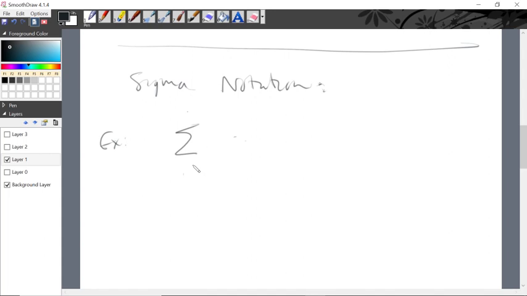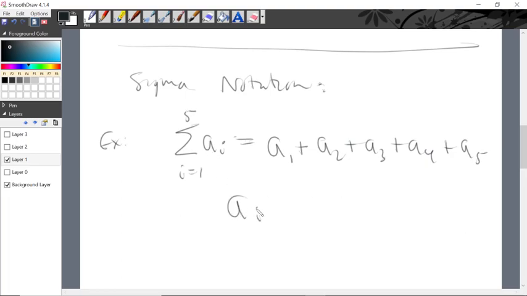Closed form sigma notation. Here we go. In general, sum from i equals 1 to 5 of a sub i, where a sub i is the name of a sequence here. And then expanded form, this is saying plug in the 1, right? So you get a1, plus a2, plus a3, plus a4, and then plus a5, and that's what it means. So a sub i is really a function. It's a sequence. It's the same as saying we have a of i.